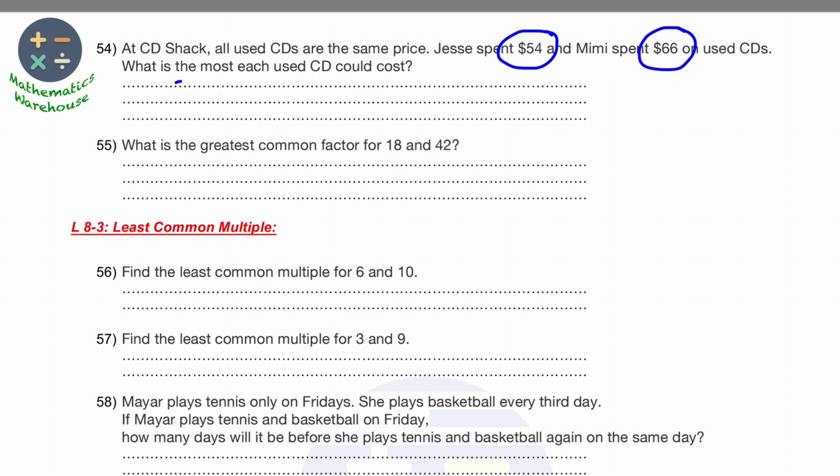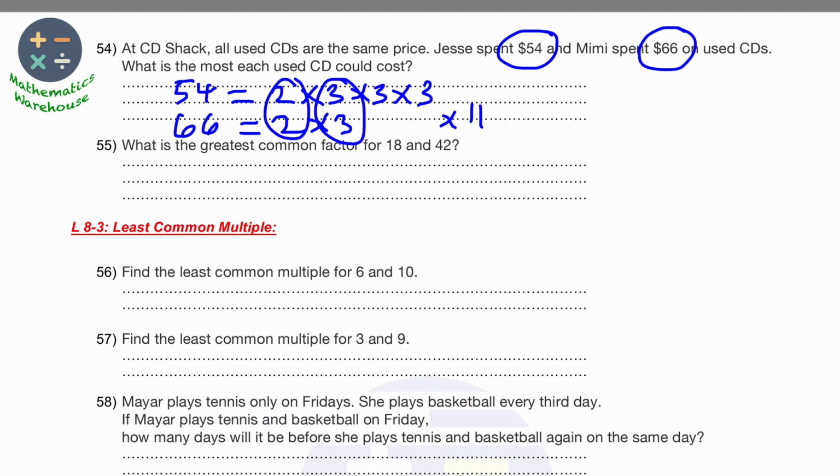So factorize 54 equals 2 times 3 times 3 times 3. And 66 is 6 times 11, which is 2 times 3 times 11. Now take the common. So GCF is 2 times 3. So the answer is $6, because 2 times 3 equals 6.